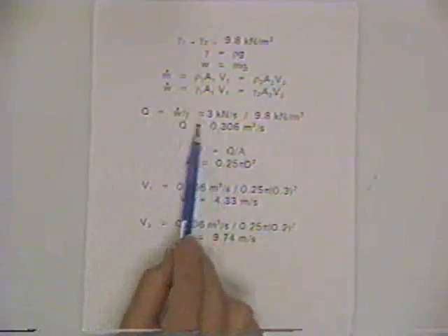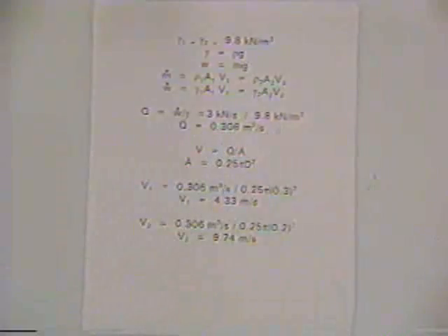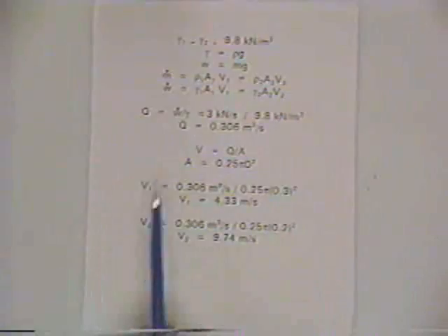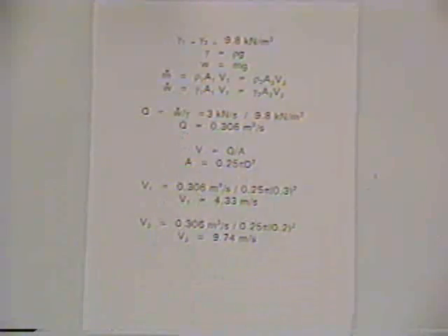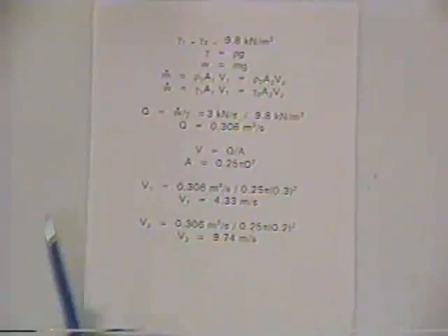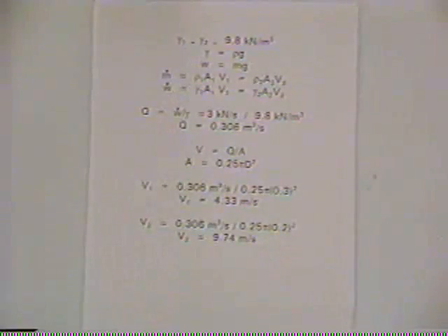And so to get the discharge, if we divide the 3 kilonewtons per second by the unit weight of the water, 9.8 kilonewtons per cubic meter, that'll give us a volumetric flow rate. We'll convert the weight flow rate to a volumetric flow rate. Another problem on the exam, you may be given the mass flow rate, and you've essentially got the same type of situation, which you can work just as easily.